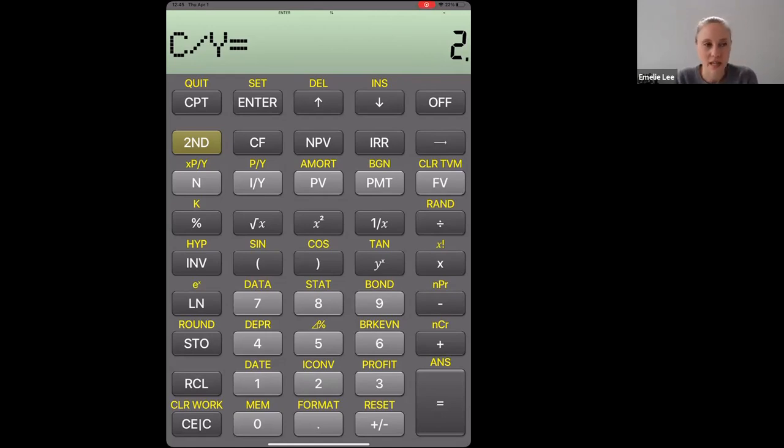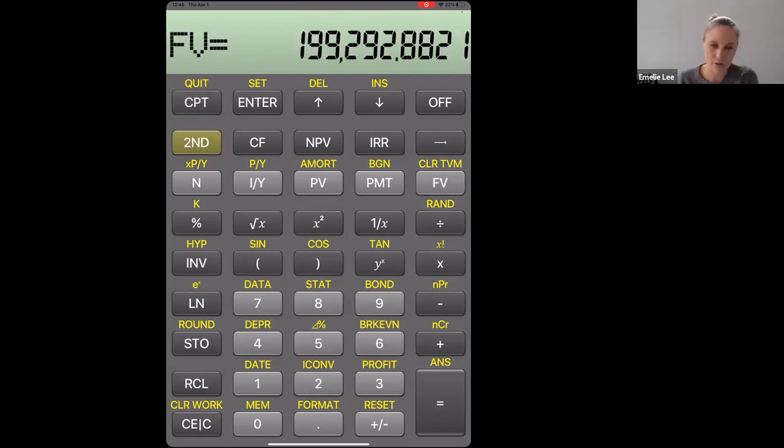To get out of the second menu, I have to go second, quit. And now I can compute that future value. So compute future value, and I get 199,292.8821. And maybe I have it here.